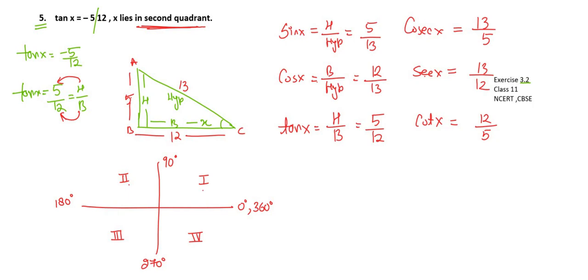That's how we move. Remember, we always move in the anticlockwise direction. So in the second quadrant, we remember only sin x and cosec x are positive. This you have to remember. Only sine and cosec are positive in the second, so the remaining will be minus. Perfect.